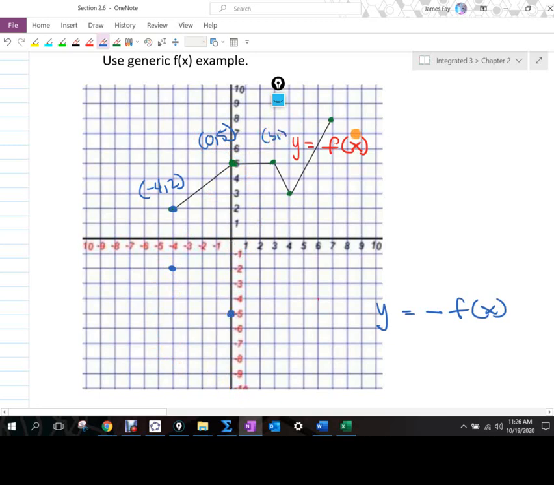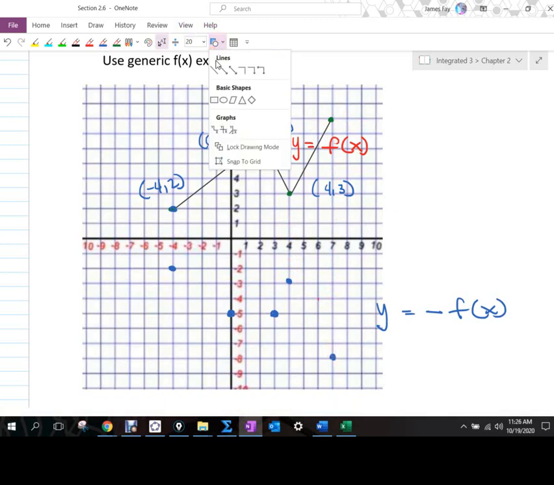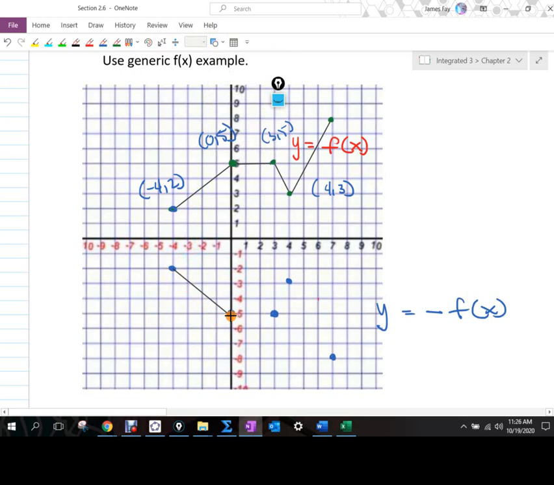If this is 3, 5, it's going to become 3, -5. This one here is 4, 3, so it becomes 4, -3. And then the one at 7, 8 becomes 7, -8. And now we can connect those with our line.